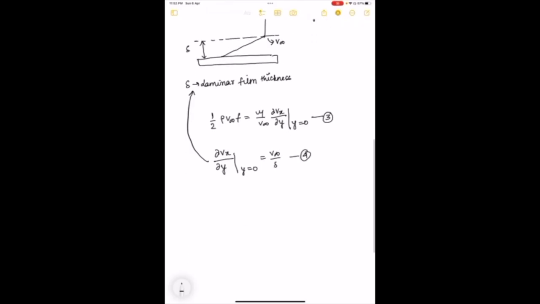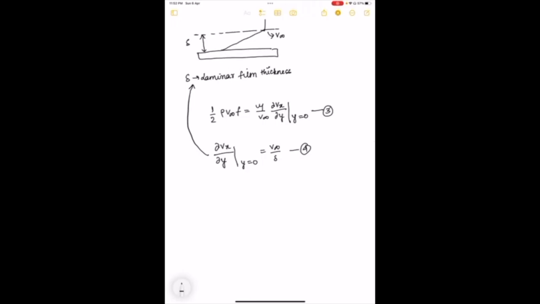Now let's combine equation 3 and 4. Combining them, we get half rho V infinite into friction factor equals mu upon delta.